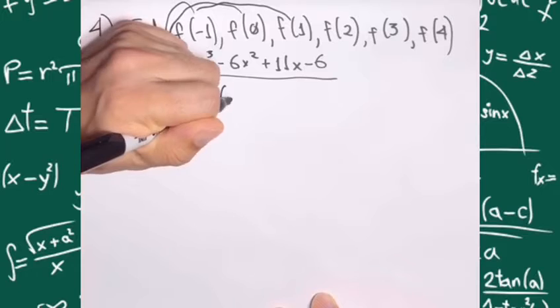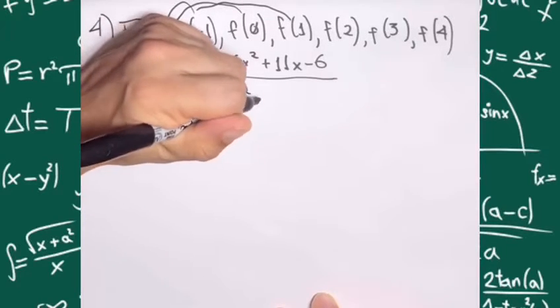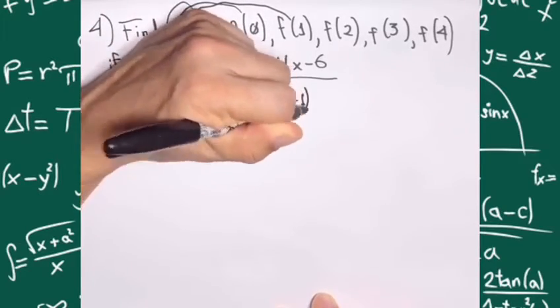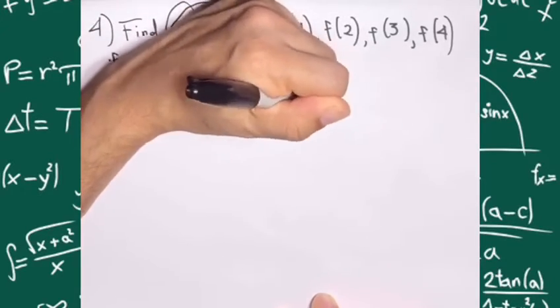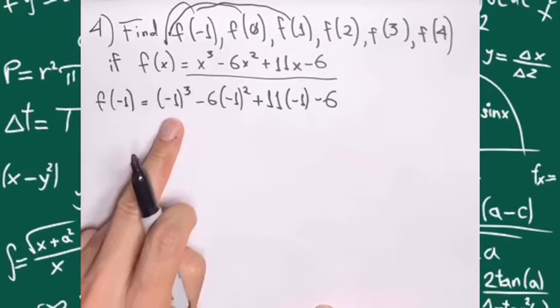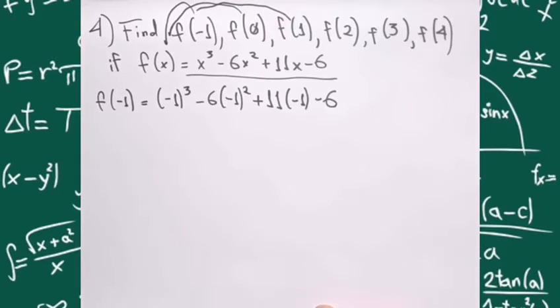In this case it is -1 cubed minus 6 times -1 squared plus 11 times -1 minus 6. So all you're doing is simply replacing the x with the value that they're asking to find, okay? And from here on, it's just going to be simple arithmetic, okay? Just operations, multiplications, addition, subtraction. And that's kind of where the challenge lies.